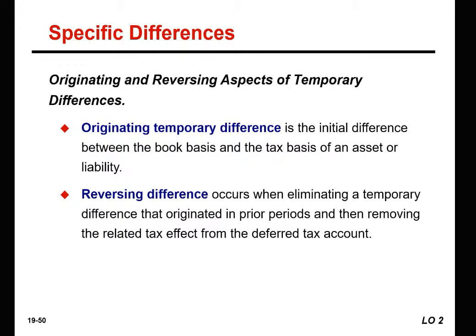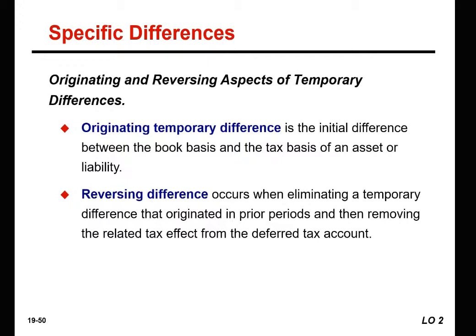So the concepts that really tie to our temporary differences are originating and reversing aspects. An originating difference is the initial temporary difference between the book basis and the tax basis of an asset or a liability, regardless of whether the tax basis of the asset or liability exceeds or exceeded the book basis of the asset or the liability.